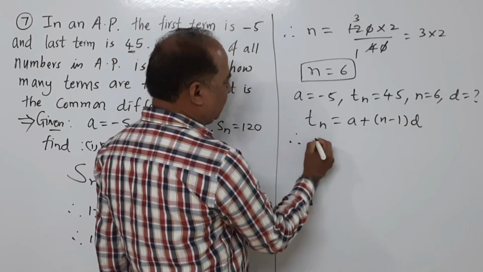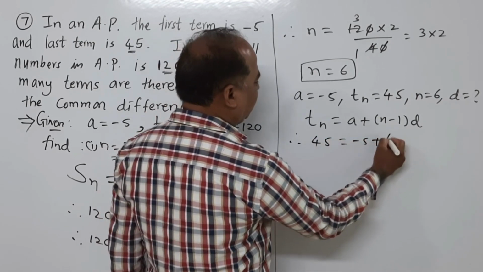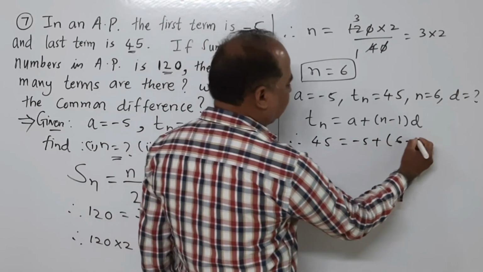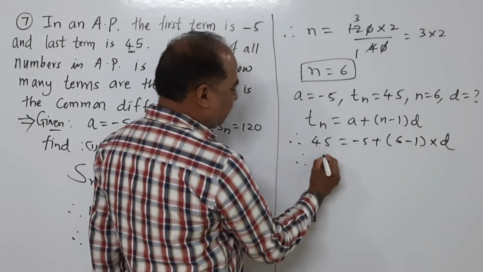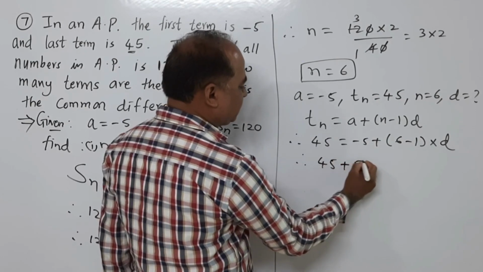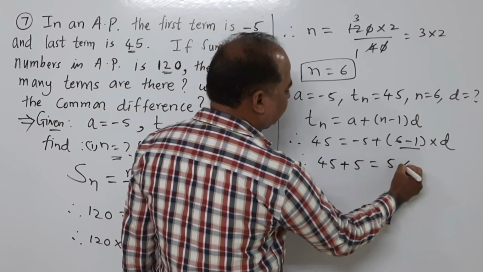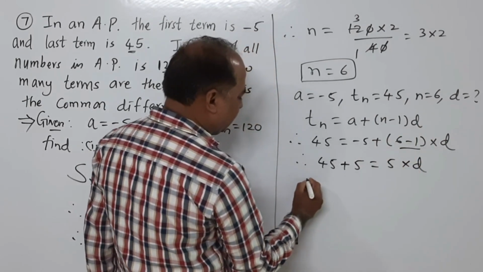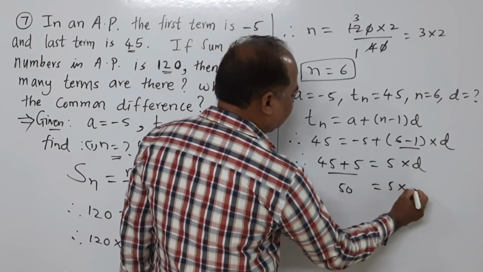Therefore here tn is 45 is equal to minus 5 plus n is equal to 6 minus 1 into d. Therefore here 45, this 5 will come on the left hand side, it will become plus 5 is equal to 6 minus 1 is equal to 5 into d. Therefore 45 plus 5 is 50 is equal to 5 into d.